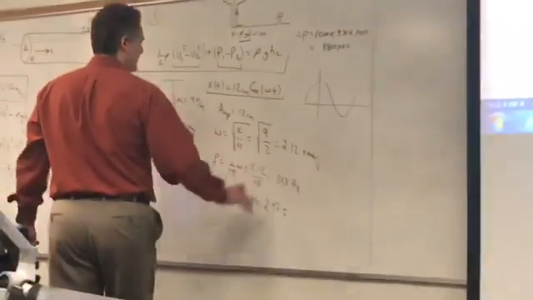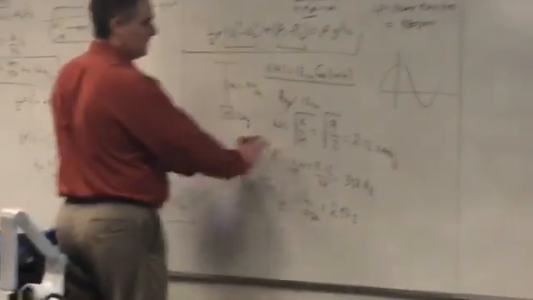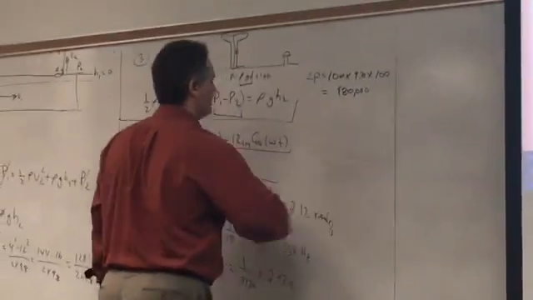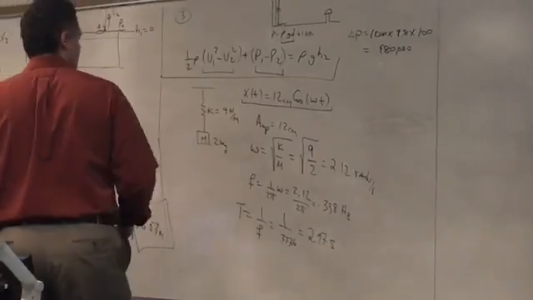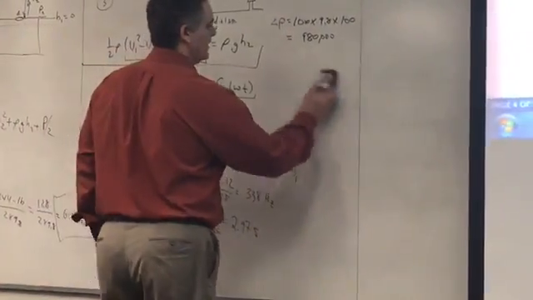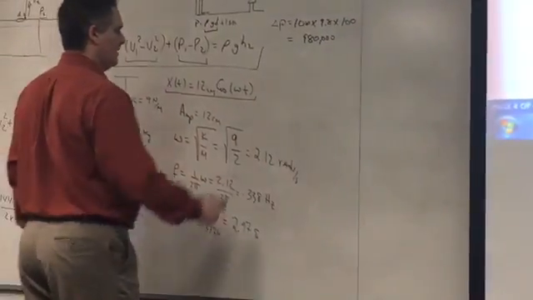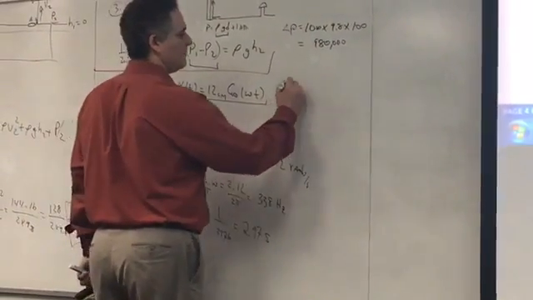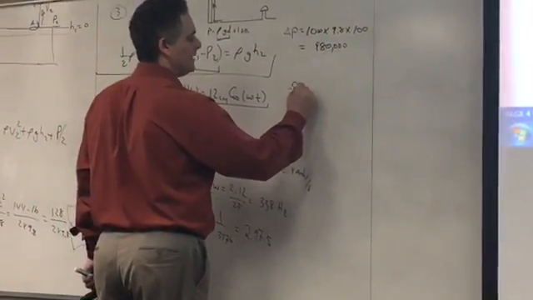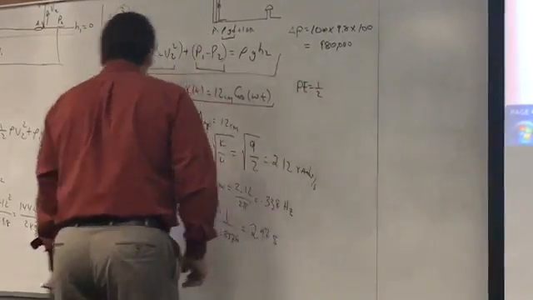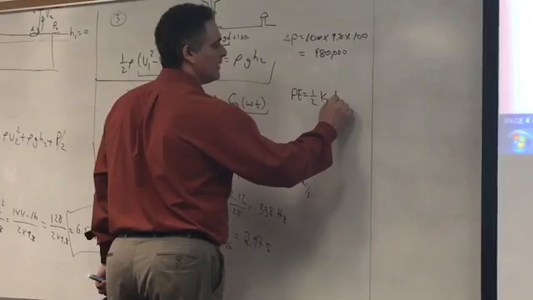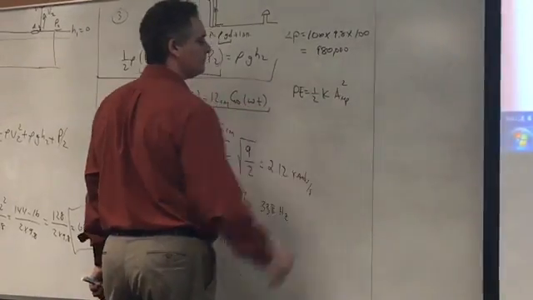So far we've done all the definitions. The next thing we have to do is find the maximum velocity and total energy. Let's start with the total energy first. The total energy is when the potential energy is at maximum, which is 1/2 k times the amplitude squared.